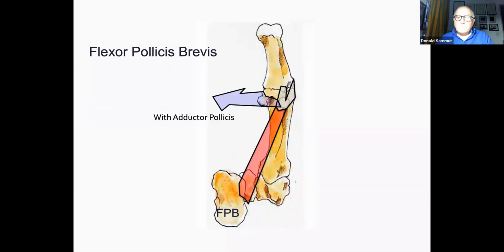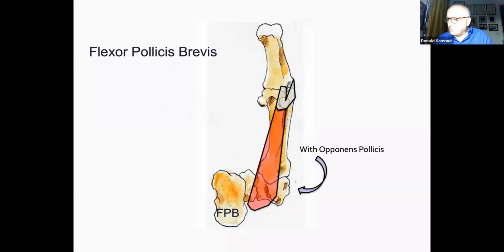And to complete the trio, it also works with opponens pollicis. And so there are three elements to flexor pollicis brevis. And remember, as we move on with this talk and we discuss proprioception, because it acts in these various planes, the flexor pollicis brevis is a very important proprioceptor to the thumb. It's relaying back a lot of information.